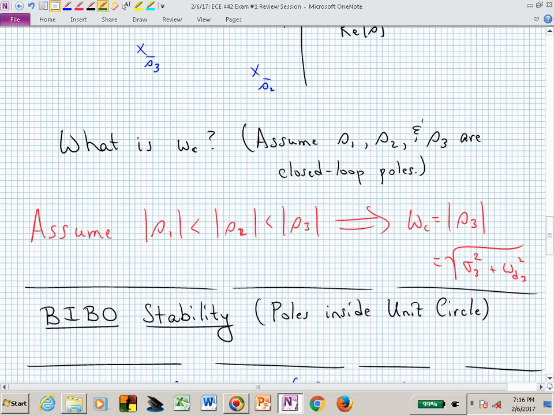Bounded input, bounded output stability. In the Z-plane, or for discrete time systems, we want our poles inside the unit circle. Where do we want them in the continuous time case for our system to be stable? We want them in the left half of the complex S-plane. We want our real parts to be negative.